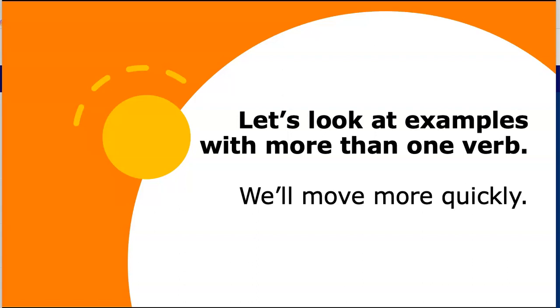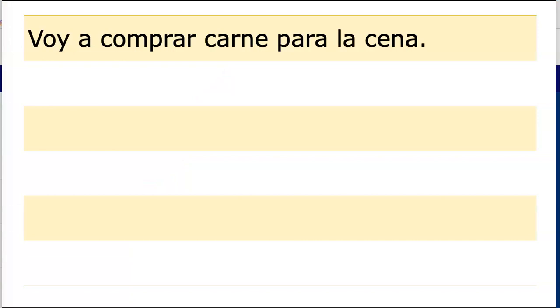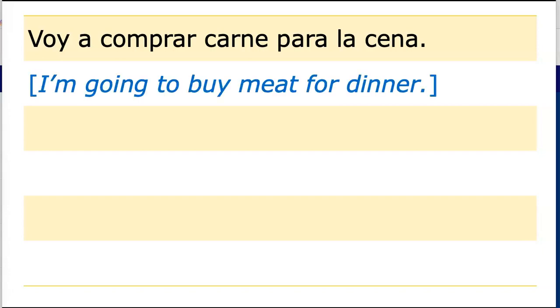Let's look at examples with more than one verb, and we're going to be able to move a little more quickly. Voy a comprar carne para la cena. What does that translate to? I'm going to buy meat for dinner. What is my direct object? What am I going to buy? Carne. Now, notice carne is a feminine noun.